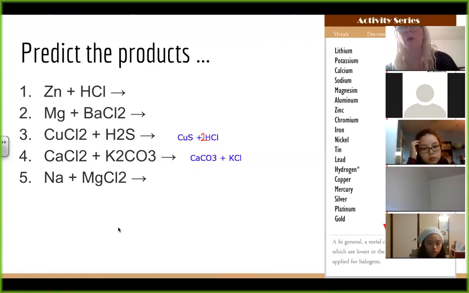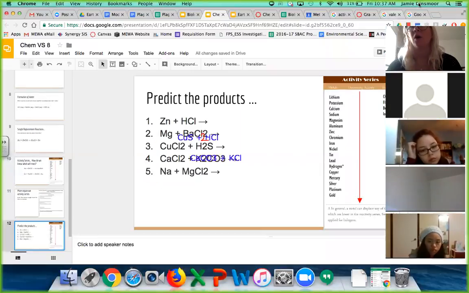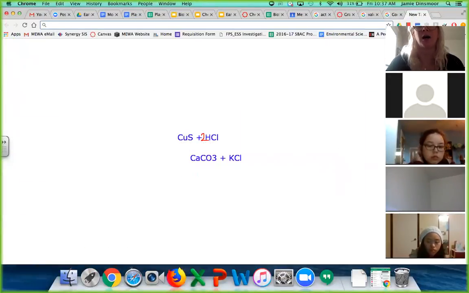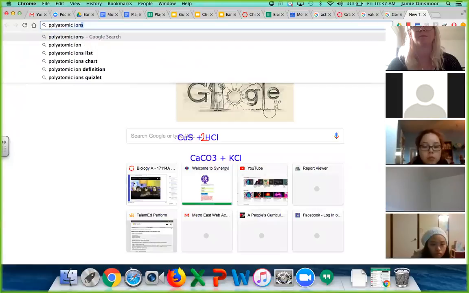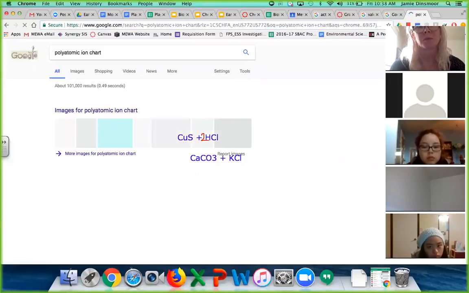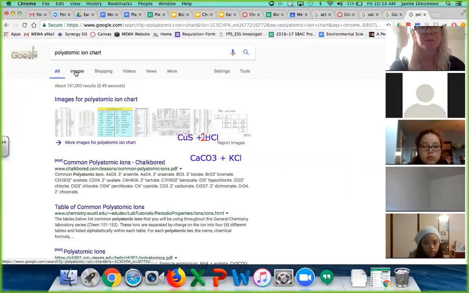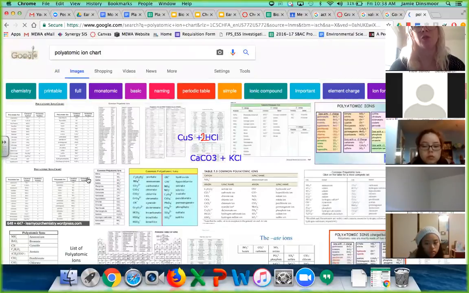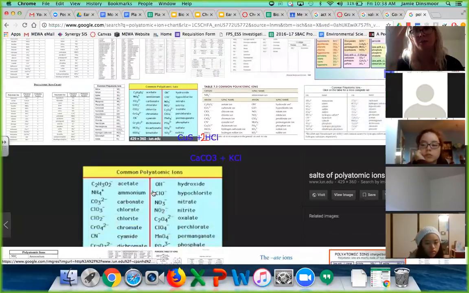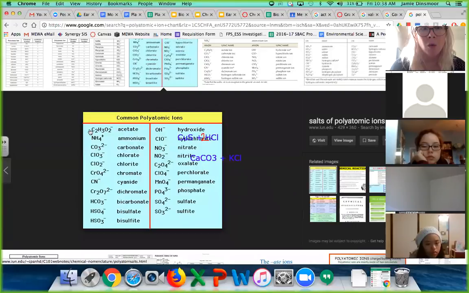And again, if we don't know, we can always look at our polyatomic ion chart, which again is something that you should print and have in your notes, right? There's a million versions of it. But we're looking at CO3 carbonate.